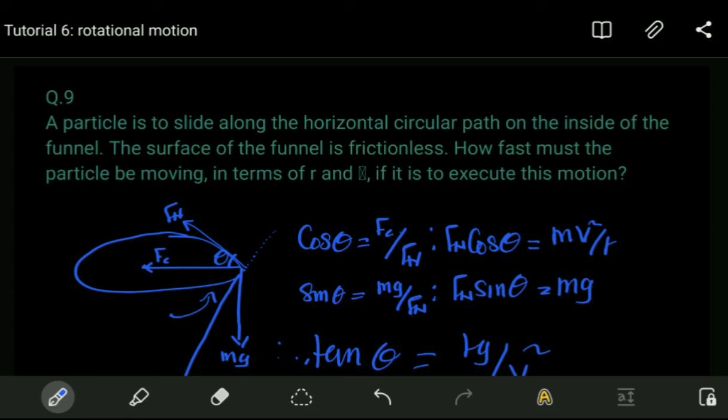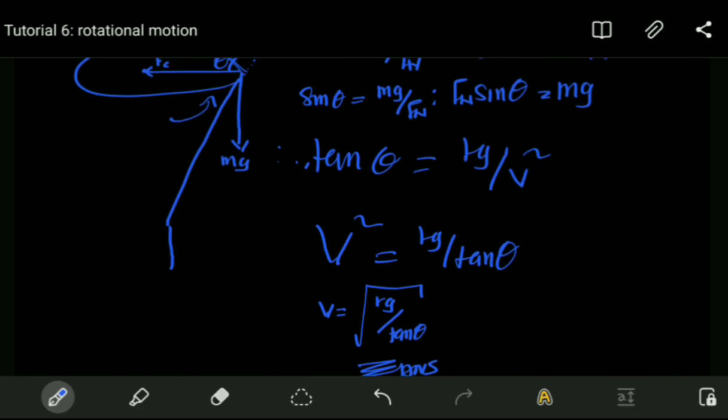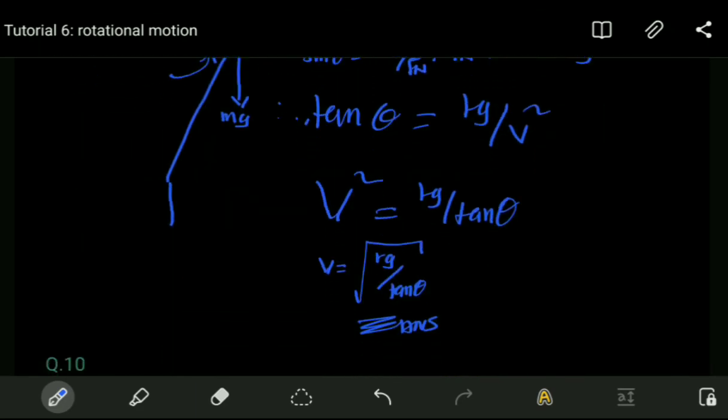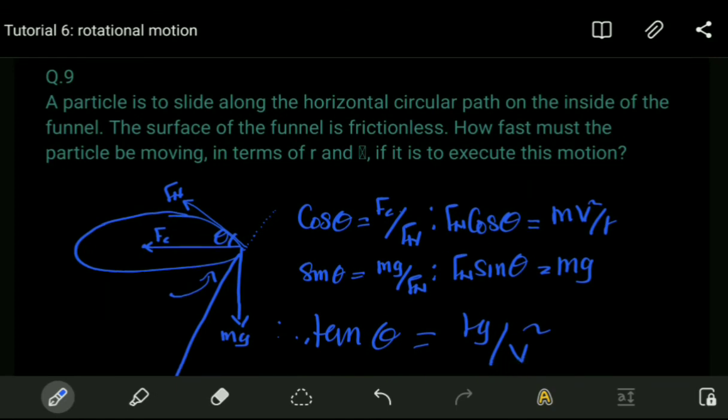So we need to find the speed at which the particle must move, in terms of r and theta, if it is to execute this motion.